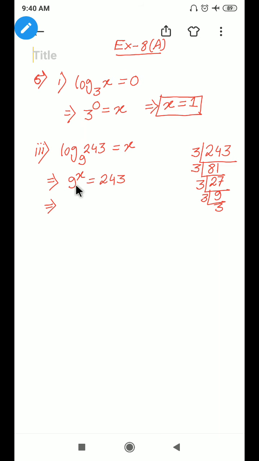So you can write this 9 as 3 square whole to the power x, and this 243 you can write 3 to the power 5. Now we know that x to the power m whole to the power n means x to the power mn.